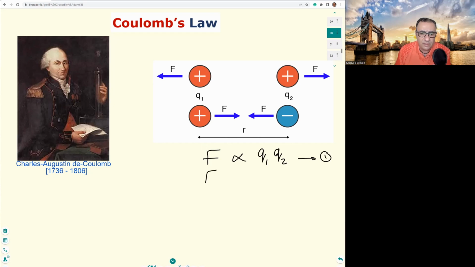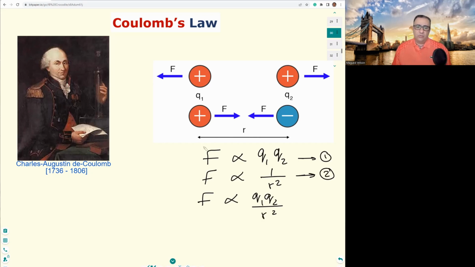Then the force will be inversely proportional to the square of the distance between the two charges. To combine these two relationships, we can say F is proportional to Q1 Q2 divided by R squared.